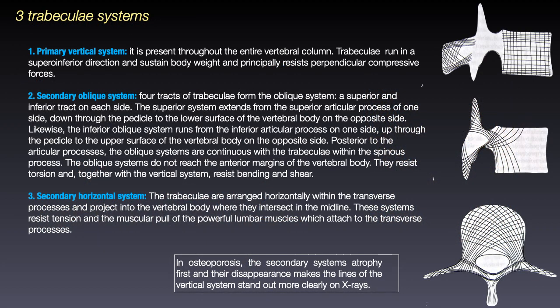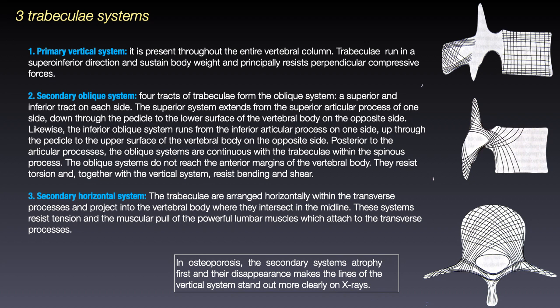So in the vertebrae, we have three trabecular systems that provide resistance. The primary vertical one resists perpendicular compression forces, okay, like coming in the axis from the head. The secondary oblique provide resistance against torsion, and together with the vertical system also resists bending and shear.